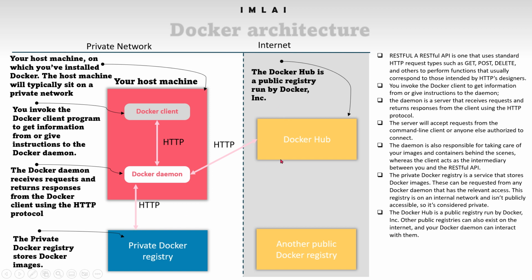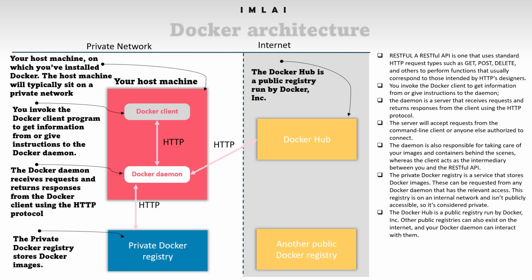If it is a public Docker registry, it's going to get from the Docker Hub. Private means you have to create your own and it will get it from there. Once the image has been fetched, the Docker client says run it, and then the Docker daemon runs it. But who is working? The Docker daemon. Who is ordering? The Docker client. And who is helping the Docker daemon to do all those things? Private registry or Docker registries, it could be private or public.